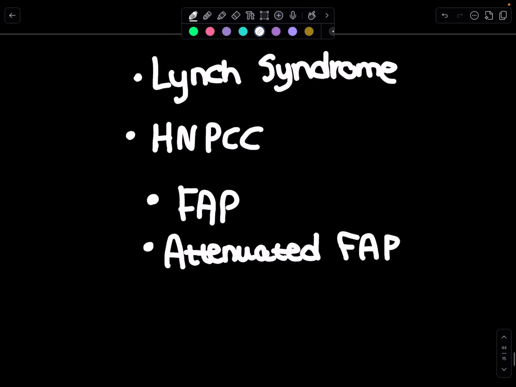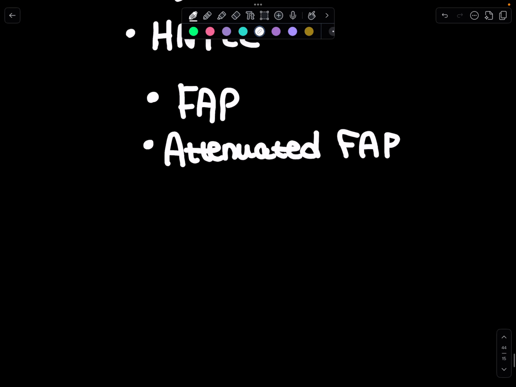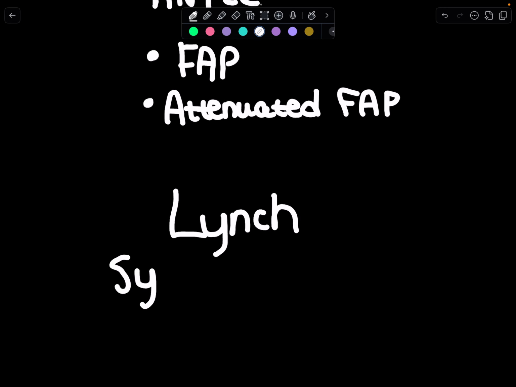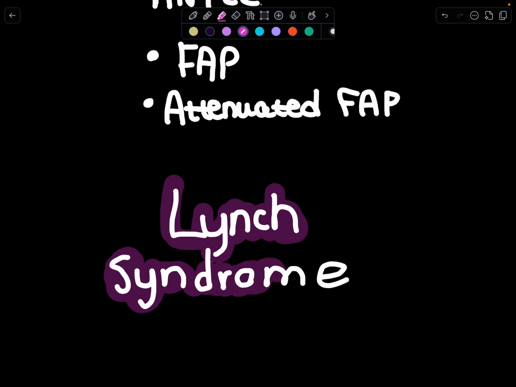Okay, can we talk a bit about Lynch syndrome, HNPCC? Lynch syndrome, also called hereditary non-polyposis colorectal cancer, HNPCC, is an inherited condition caused by mutations in mismatch repair genes like MLH1, MSH2, MSH6, or PMS2, leading to a high risk of colorectal cancer and other cancers like endometrium or ovarian.